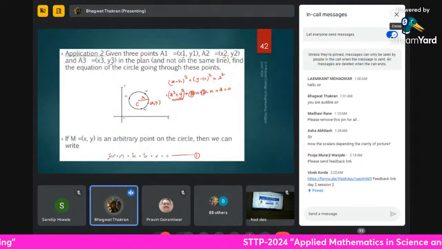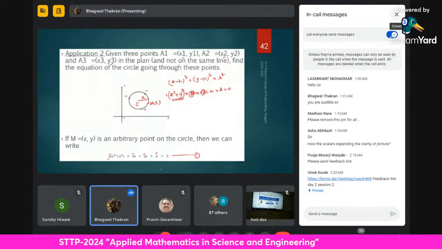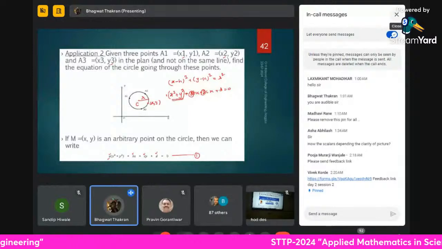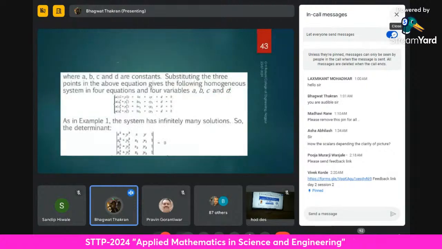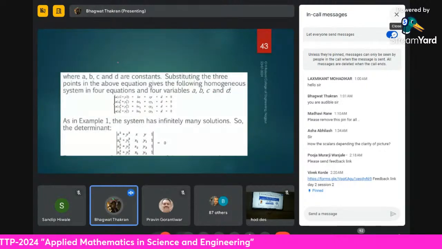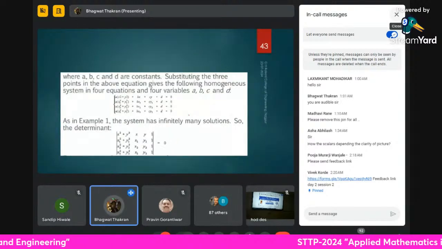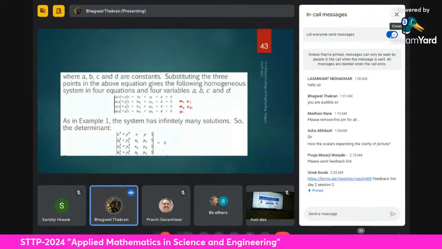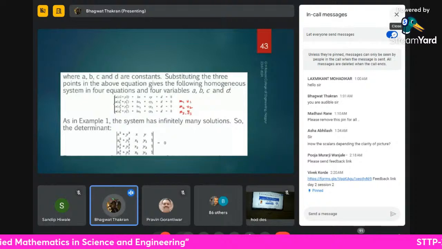Now we have 4 unknowns, and 3 points are known which are lying on the boundary of the circle. So we form these four equations with the coordinates x1 y1, with the coordinates x2 y2, and the coordinates x3 y3.